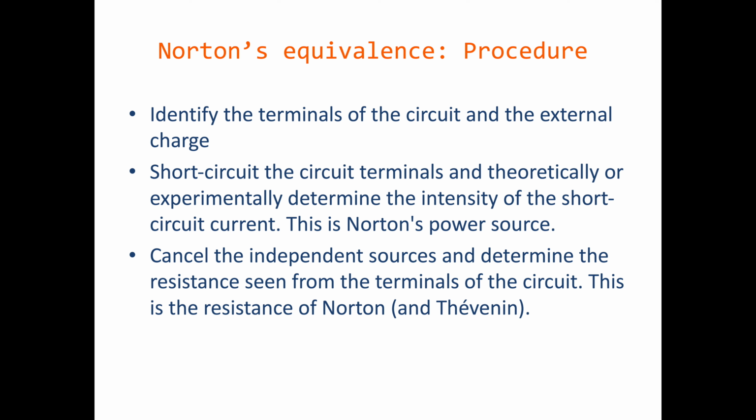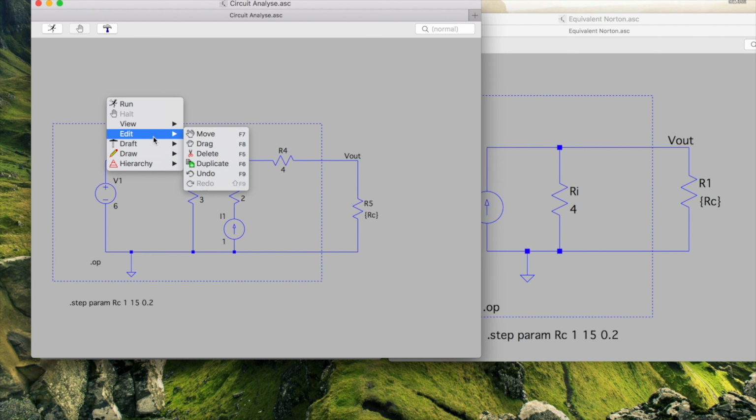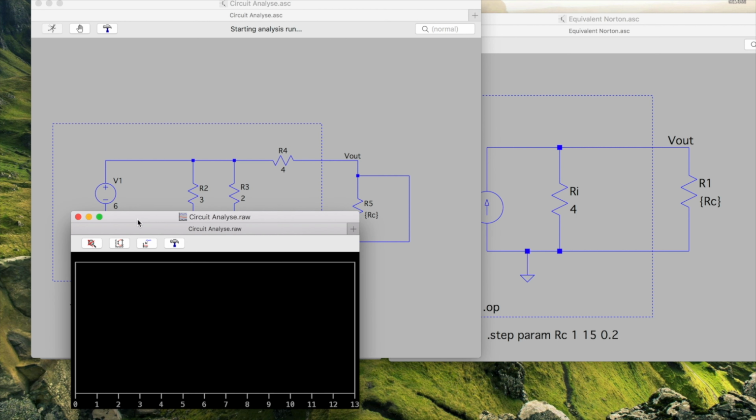I will skip the first and last steps that have already been done earlier. We are now going to determine the Norton current. In order to do this, we need to short-circuit the load. That's done. We are now going to calculate this short-circuit current.